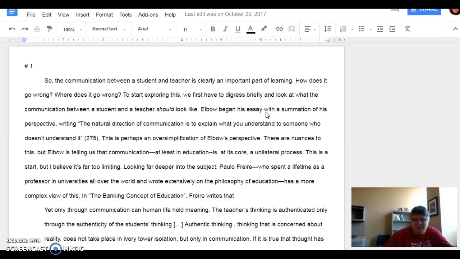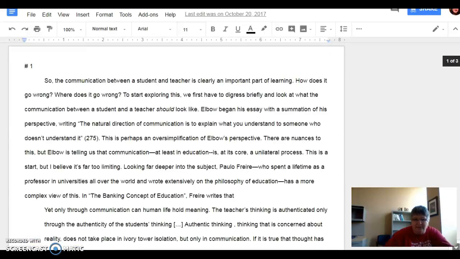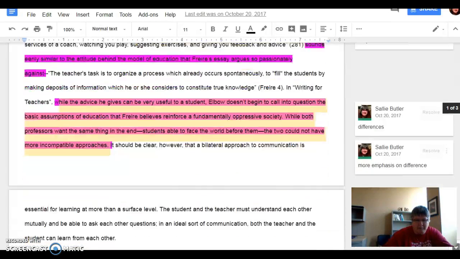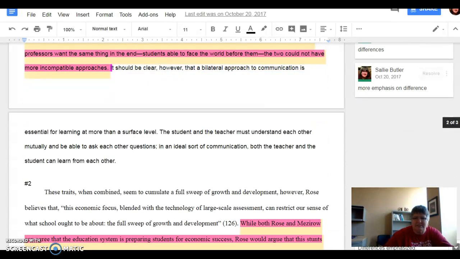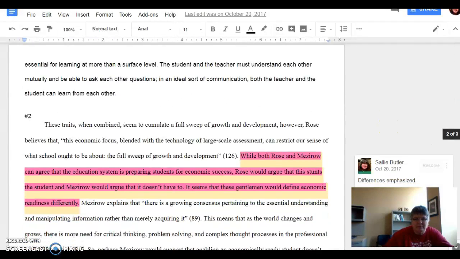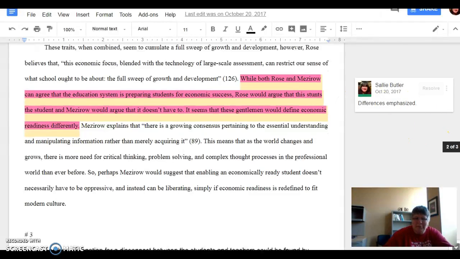One of the reasons they're good is it has feedback on there. This is pointing out, this emphasizes a difference a bit. It points out the synthesis in the discussion. Here's more emphasis on the difference. Differences are being emphasized.